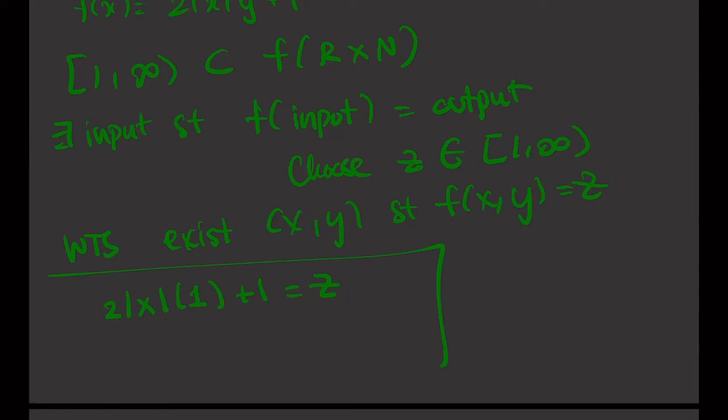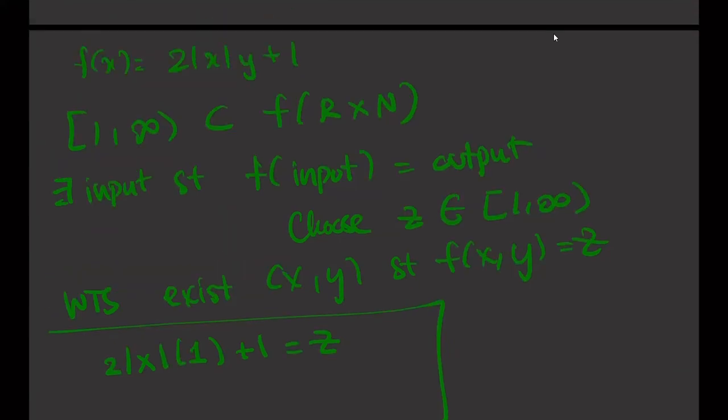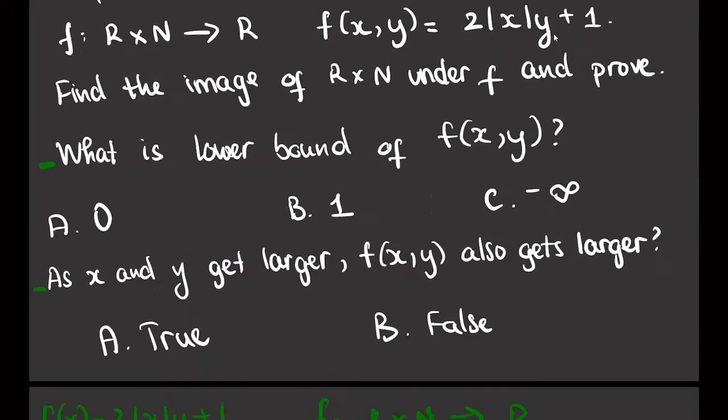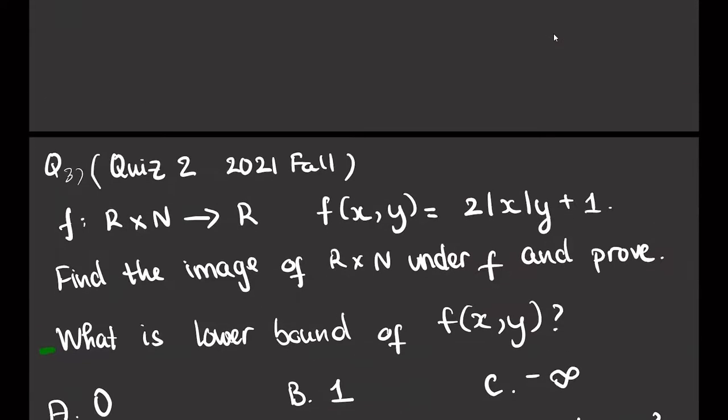Not write it here. First thing, just write this, like choose z from an interval. And we want to show that there exists a pair of x, y satisfying that. f of R times N is the image. The domain is given. The domain is here, and this one is the codomain. But f of domain is the image.